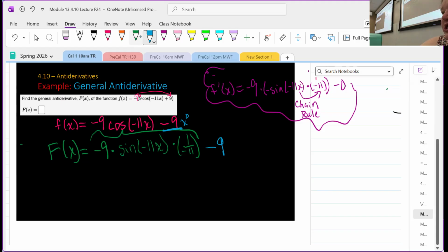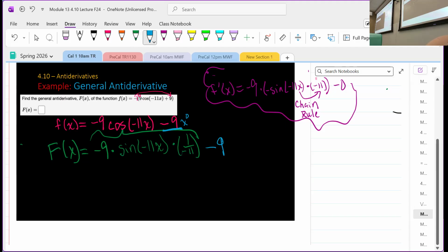No, that's a fair question. So when we're undoing a chain rule, we're having to think about what would the function before be that when I take its derivative, I'll get back to this. So if I take the derivative of this function, the chain rule will come into play and I'll multiply by negative 11.